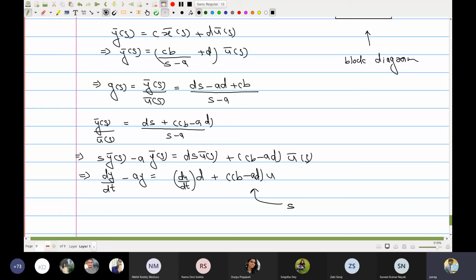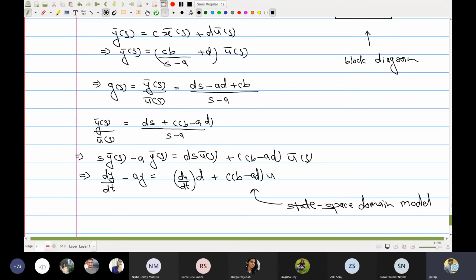Okay, and this is your state space domain model, right? Where you have everything in terms of input and output.